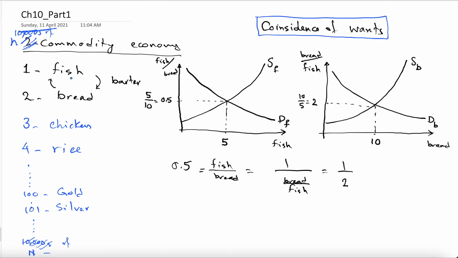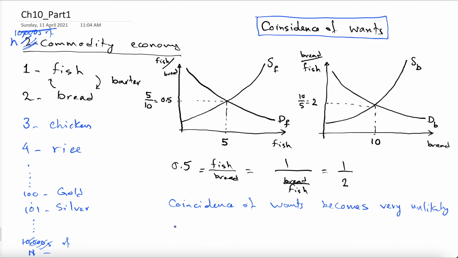The baker would say, yes, I want fish, and the fisherman would say, yes, I want bread. That's the coincidence of wants. So this becomes very rare. In an N-commodity economy, the coincidence of wants becomes very unlikely.